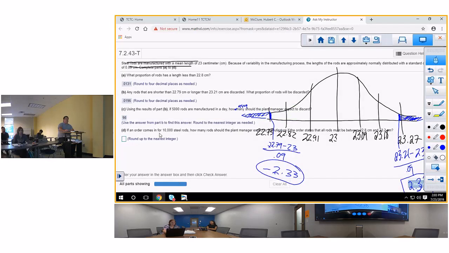If an order comes up for 10,000 steel rods, somebody multiply it. How many of the rods would be between 22.8, that's this one, and, oh gosh, they're giving you another one. Take 22.8, I thought this one was 22.8, was it?